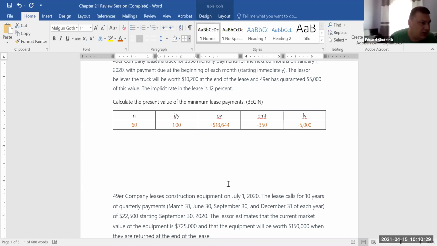For all problems? Okay. I was getting 16,000 instead of 18,000. Yeah. You can change the P/Y, but it's a different process if you do that. So I think it's easiest just to make sure your P/Y is set to 1 and then work everything off of that, so you have one consistent approach. Thank you.